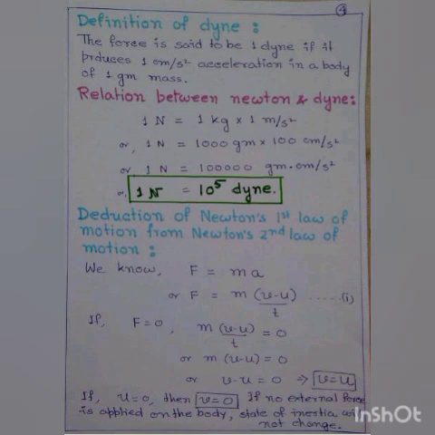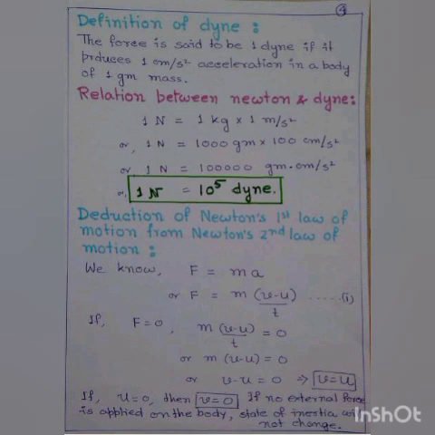Now if we consider there is no external force, that is F equals 0, then the right hand side of this expression, m into (v minus u) by t, will also be 0, or you just cross multiply it. t into 0 means 0, means m into (v minus u) is also equal to 0.